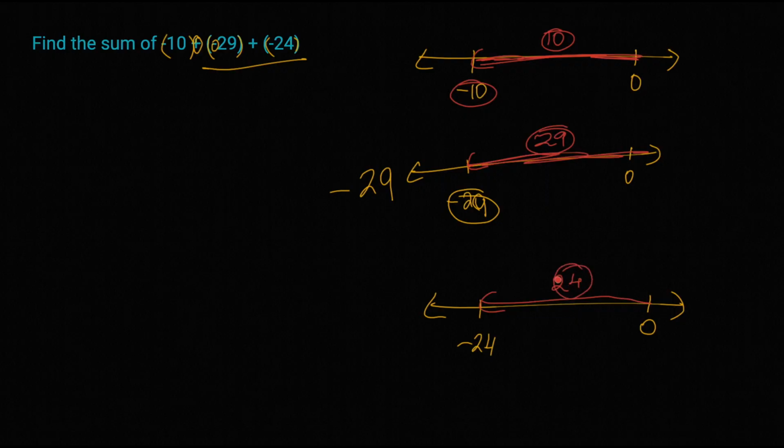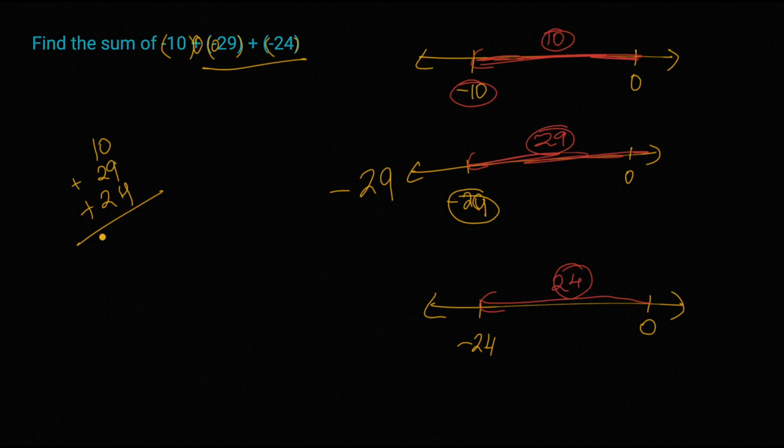And we just have to add negative 10 plus negative 29 plus negative 24. So what you're going to do is basically add these: 10 plus 29 plus 24.